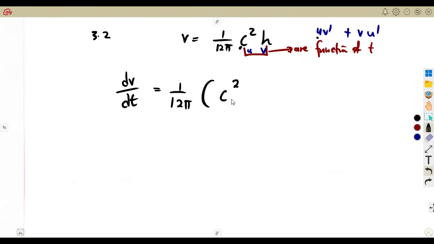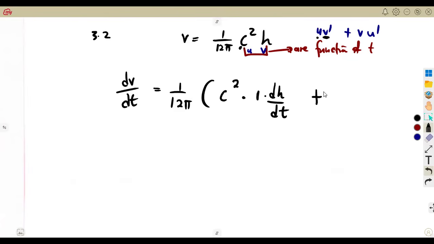That is c squared times the first derivative of v, which is the first derivative of h with respect to t. The first derivative of h is going to give us a 1, but it is with respect to t, so it's going to be dh dt.